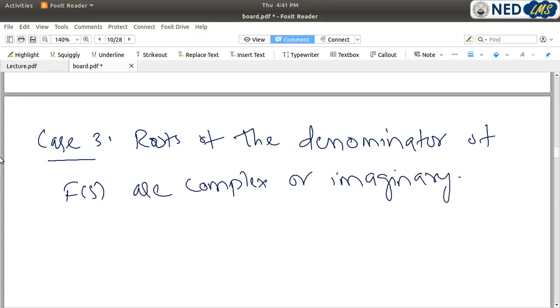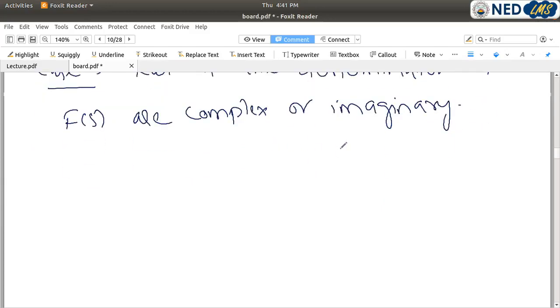Now consider an example under this case.